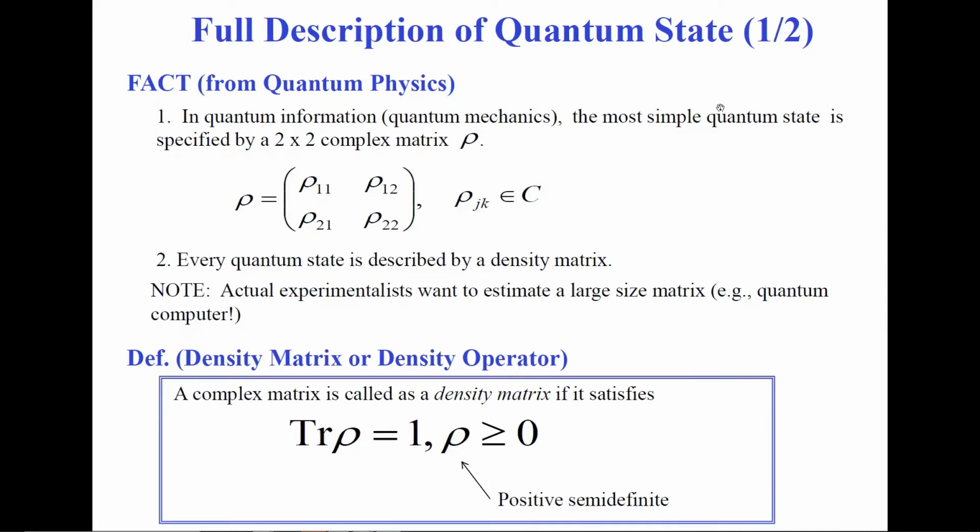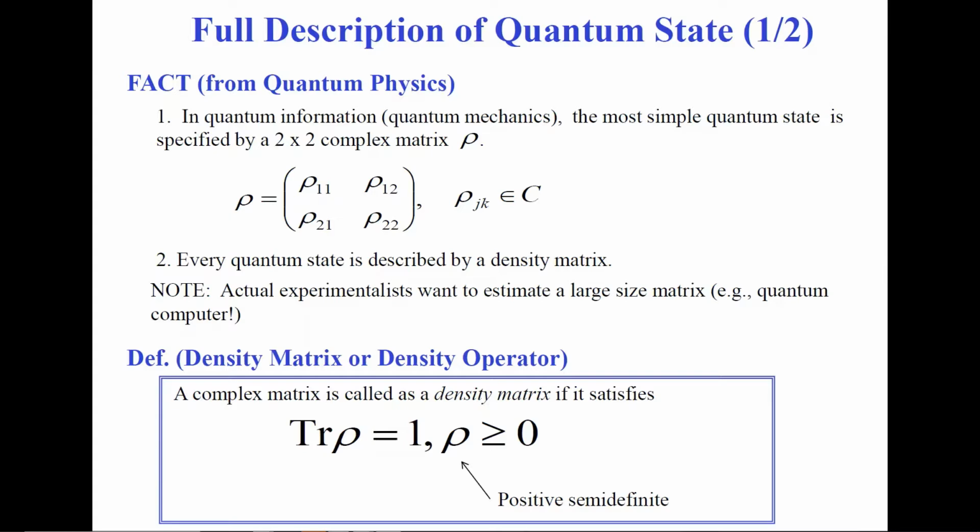In quantum information or quantum mechanics, the most simple quantum state is described by a 2 times 2 complex matrix denoted here by rho. So each component is a complex number.